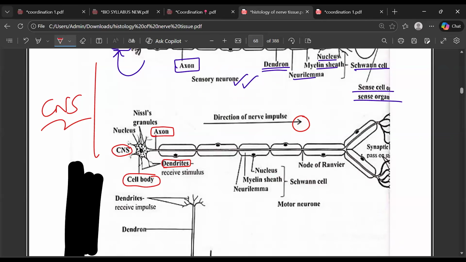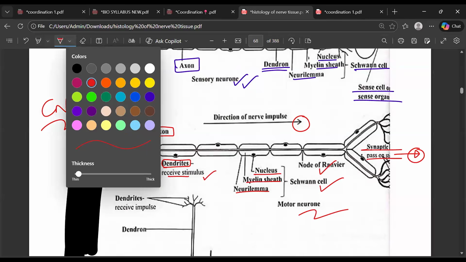So if you really want to see maybe the dendron, maybe you can just microscopically look for two dendrites that are joining. I told you all that. I don't want to repeat myself. Dendrites, they receive. Nucleus, myelin sheath, neurolemma, they get that. Node of Ranvier. So this side we have the synaptic knobs that pass on everything to the effector organs, and that is the motor neuron for you.